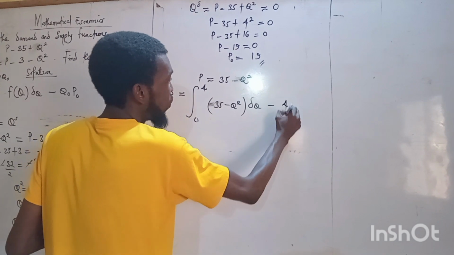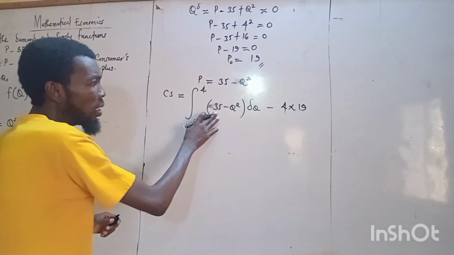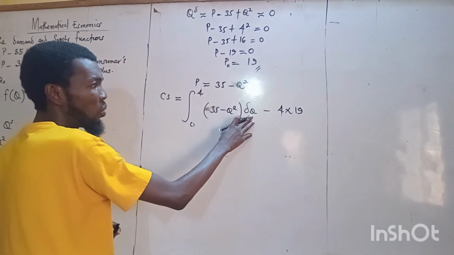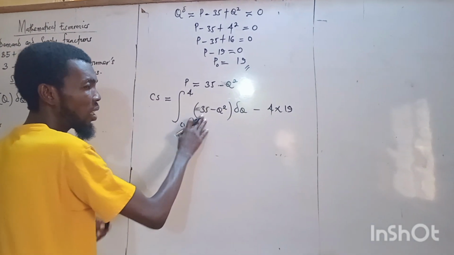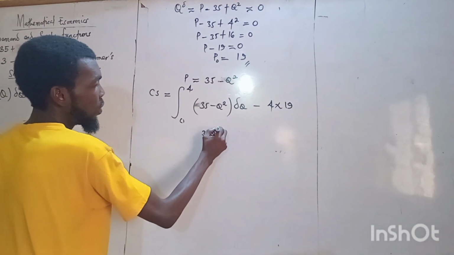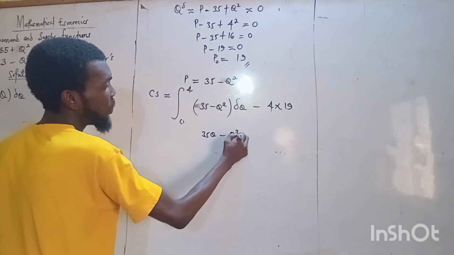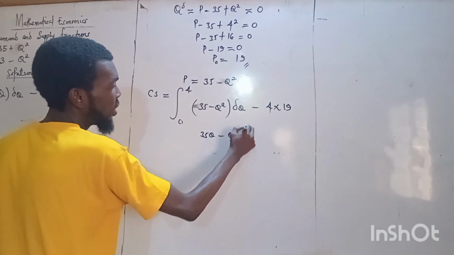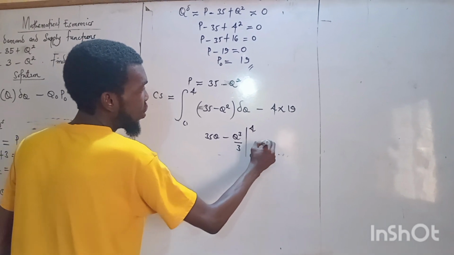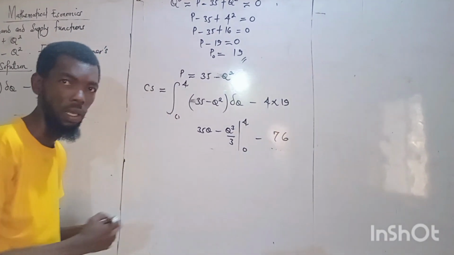Our Q naught is 4 and our P naught is 19. Now let's integrate 35 because we are working in respect to Q. If we integrate 35, it's going to give us 35Q. And if we integrate Q squared, it's going to give us Q raised to power 3 over 3. Upper limit is 4 and lower limit is 0. Minus 4 times 19, which is 76.